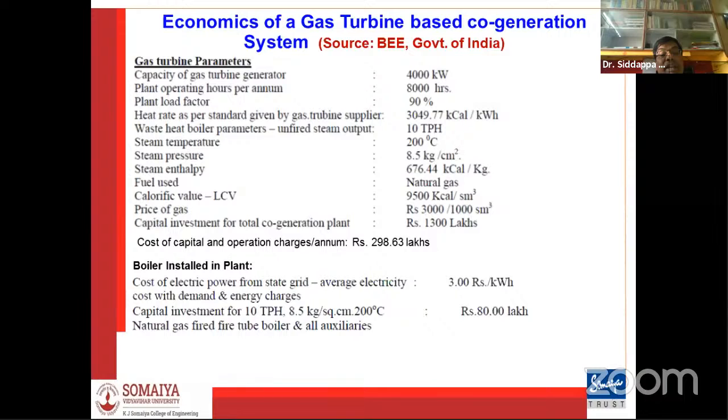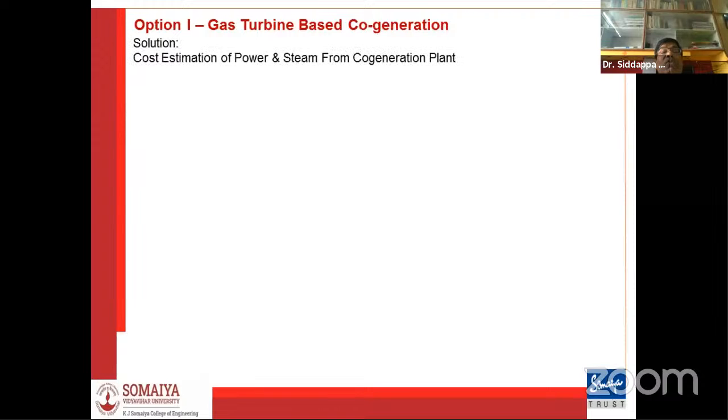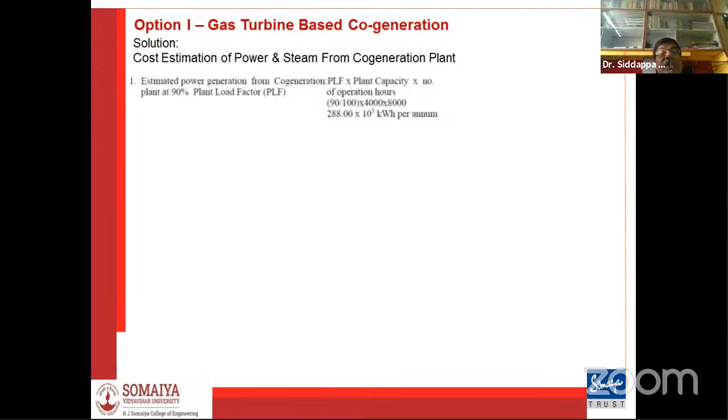With a capital investment for a boiler at 8.5 kg per cm square, it needs 80 lakhs, and the boiler is fired by natural gas. For this, option 1 is gas turbine based cogeneration. We calculate the difference in cost with and without the gas turbine based cogeneration system.